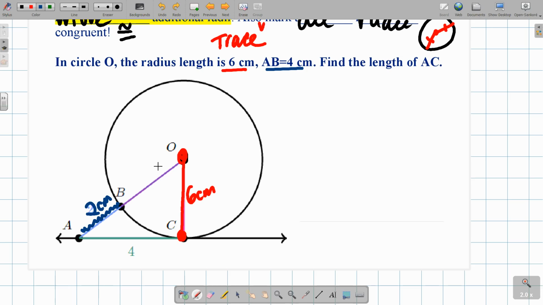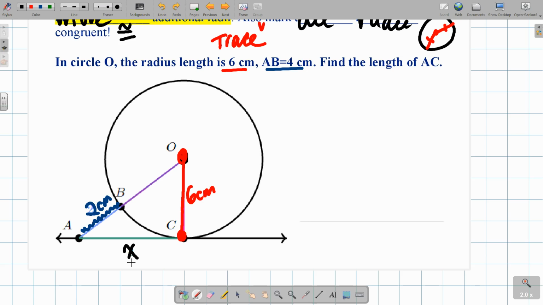Our ambition is to find the length of A to C. A to C, which is right there. Your ambition is to find X there.